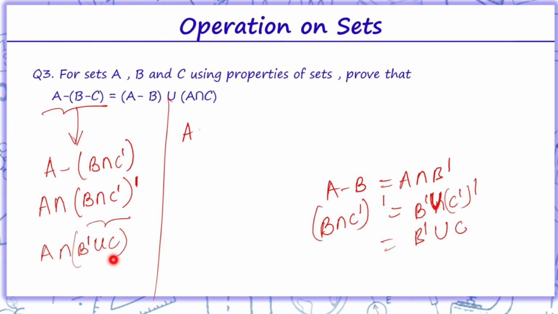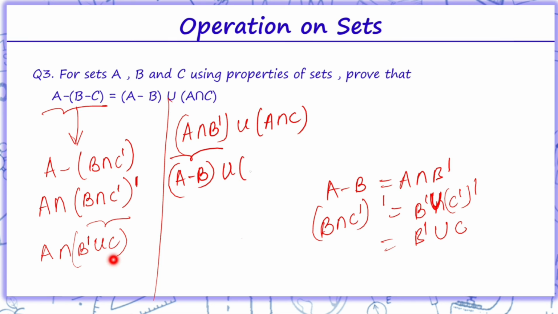So we will get A intersection B complement, then this universal set will come, A intersection C. Now this again can be written as A minus B union A intersection C. So this is how we only have to apply logic over here. We only have to learn the theorems, and with the help of theorems we can solve these types of questions.